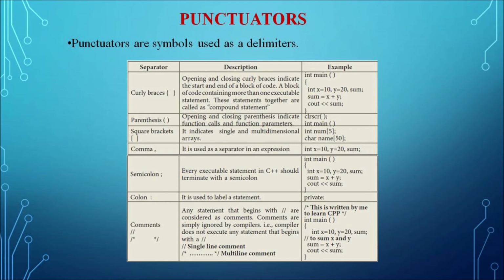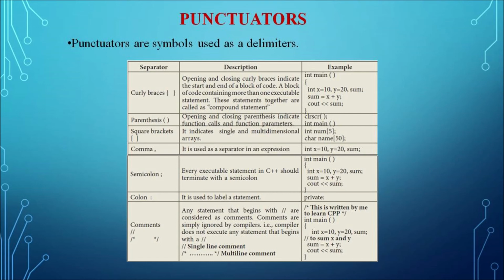As soon as it sees the close curly brace, it knows that this set of statements, the three statements, belongs only to the main function. So the main block is separated.